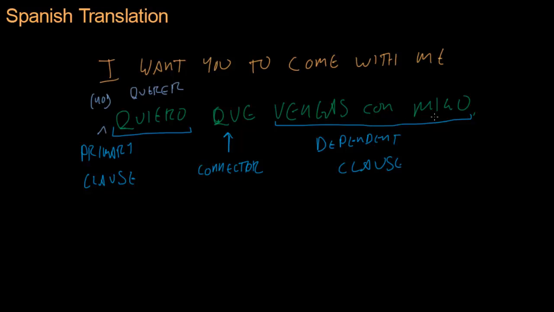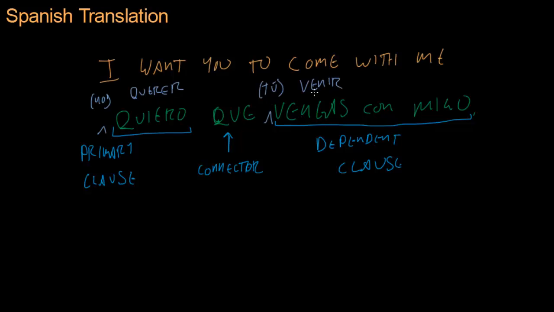Now over here on the right we have the dependent clause, and the implied subject, the implied noun, is tú. Tú vengas. And the verb is venir, to come, and of course conmigo means with me.